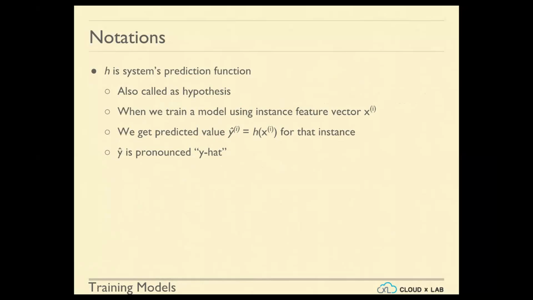So y hat is equal to h, also called the hypothesis. The objective is that we assume some value and some hypothesis, then we get the predicted value and then minimize the error.